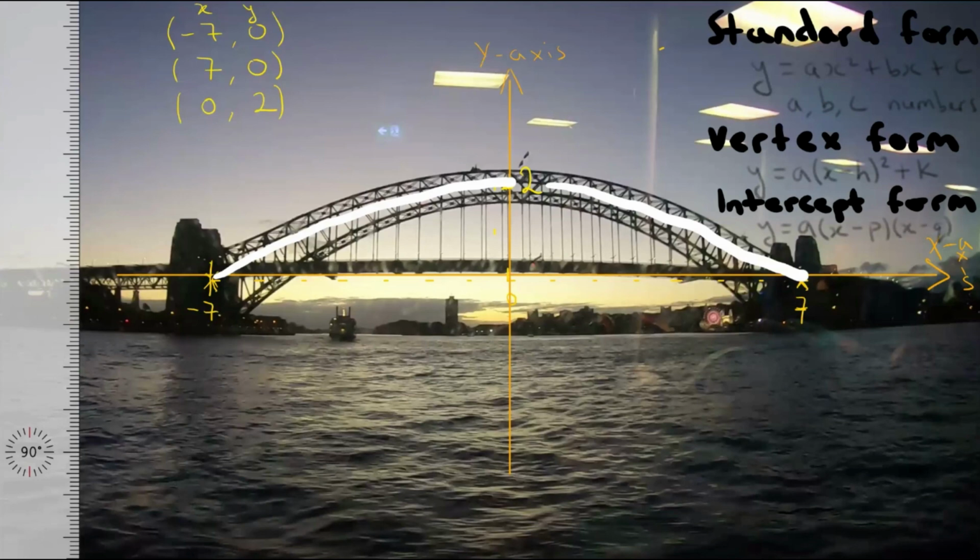So here we have 3 types of equations that we can start off as a base, and from these we'll be substituting numbers and working out potential quadratic equations that we can use for modeling this bridge, the Sydney Harbour Bridge.